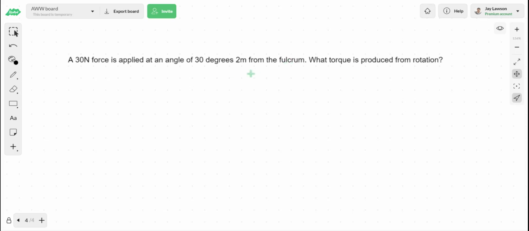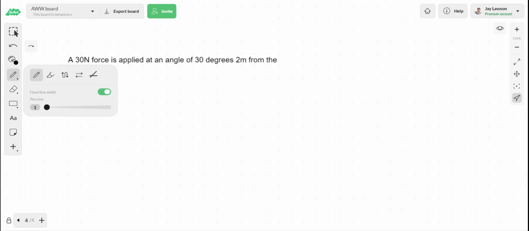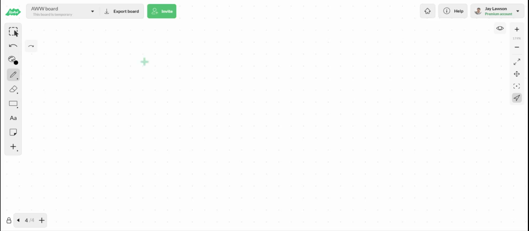All right. So let's draw this out. Let's see what this looks like. So 30 Newton force applied at an angle 30 degrees, 2 meters from the, what the heck? Part of my problem disappeared. Hold on a minute. We'll get this figured out.